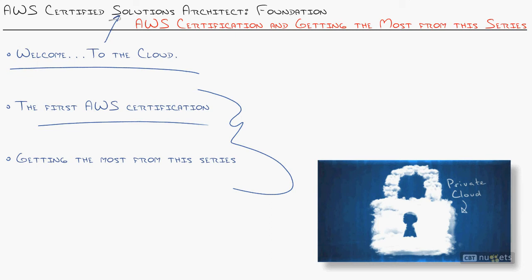I want to give you an overview, some of how this series lines up to that, and big picture on the certification, and then spin that right into how to get the most from this series. CBT Nuggets actually has a very unique and effective way of training. I've been teaching with CBT Nuggets for more than a decade now, and I've got some tips for how you can maximize your learning through this style that we call CBT Nuggets.